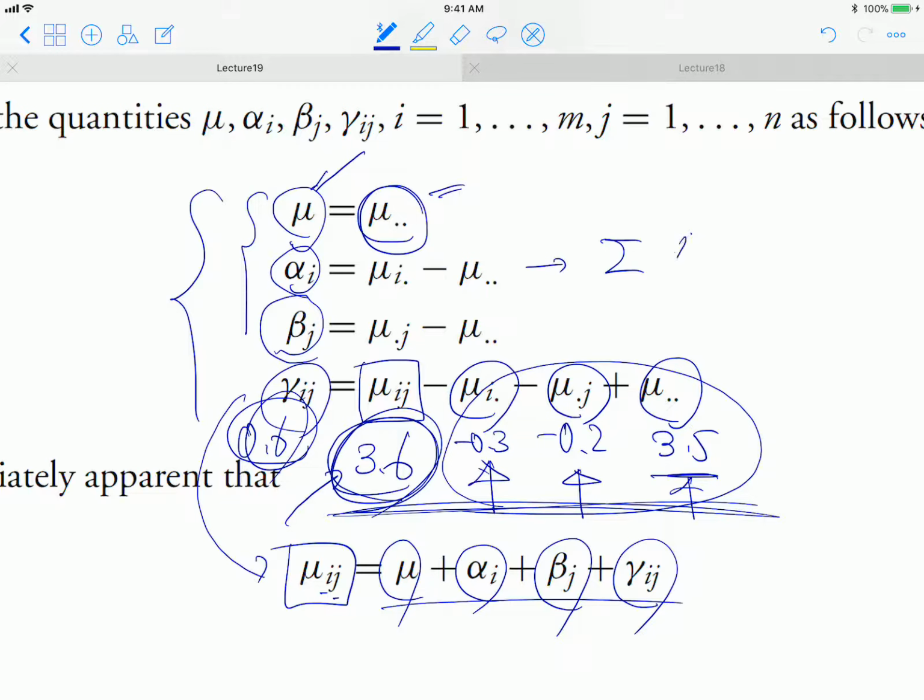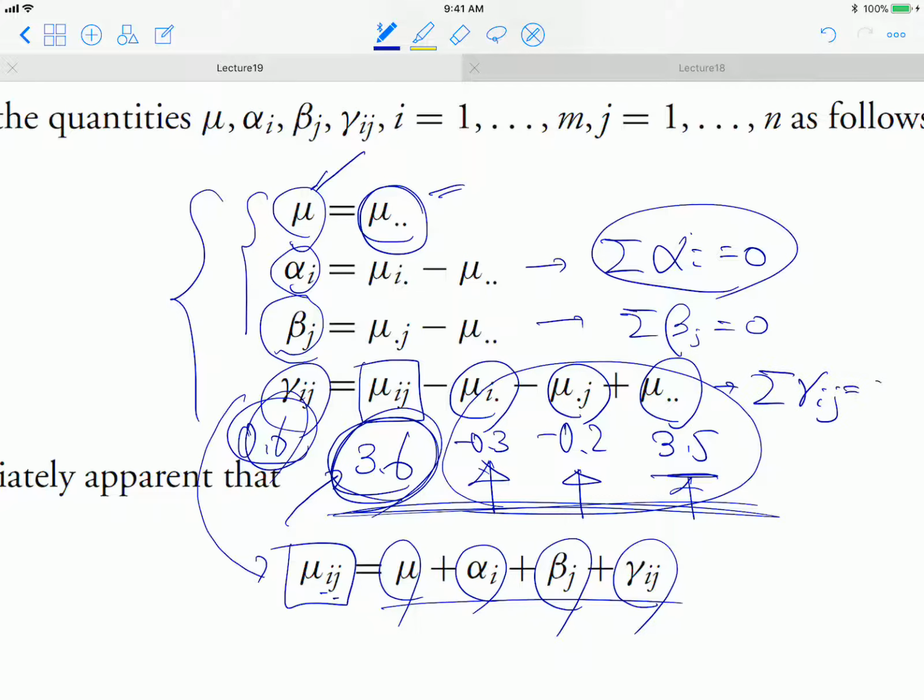So that way, this is satisfied, and this is also satisfied, and gamma ij should also be satisfied in this manner. If it was not satisfied, for example if it was 1, then we can simply make it 0 and move that offset value to the global mean. It's just a conceptual explanation, but anyway, it should be satisfied all the time.